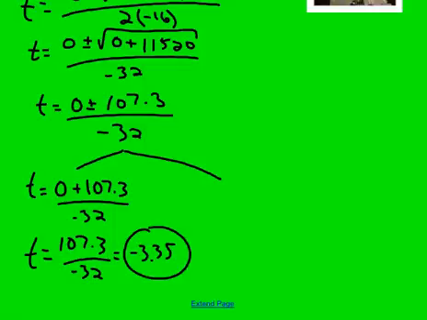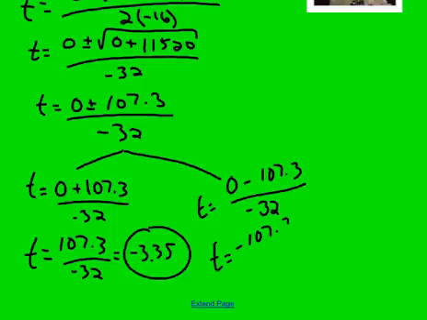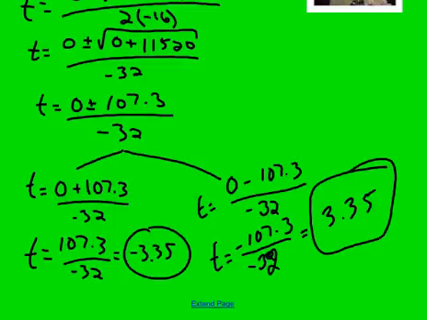Then the other one is t equals 0 minus 107.3 divided by negative 32. So here we have t equals negative 107.3 divided by negative 32. So you can't just drop that. It's still 0 plus or minus because of this right here. This is a 2. But those negatives cancel out, which we needed because we needed this positive answer.